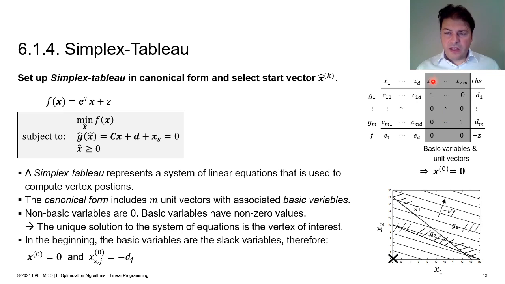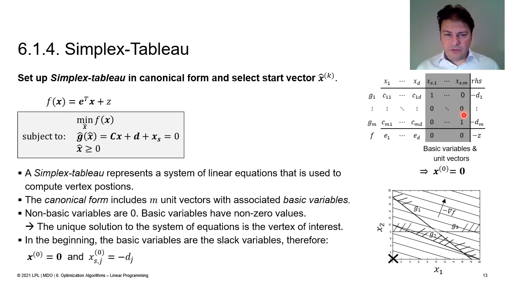The so-called canonical form always includes m unit vectors, where m is the number of inequality constraints. In the example that will be shown later, we will have 3 unit vectors. But here it's general. There are m unit vectors, just as many as you have inequality constraint functions.